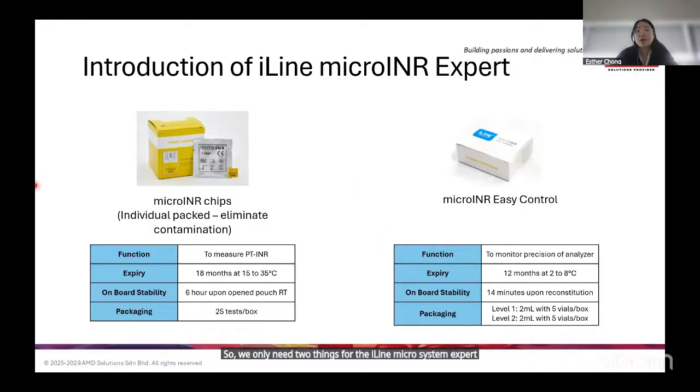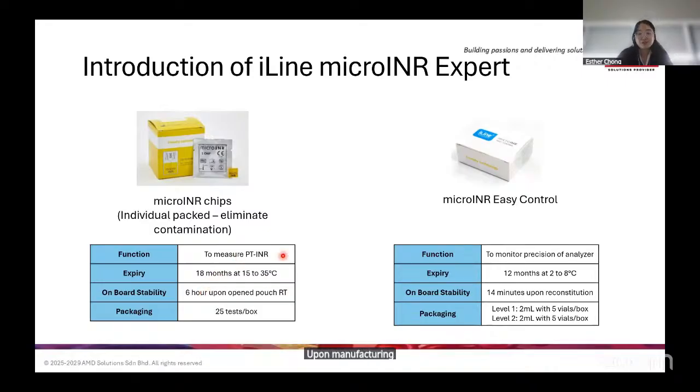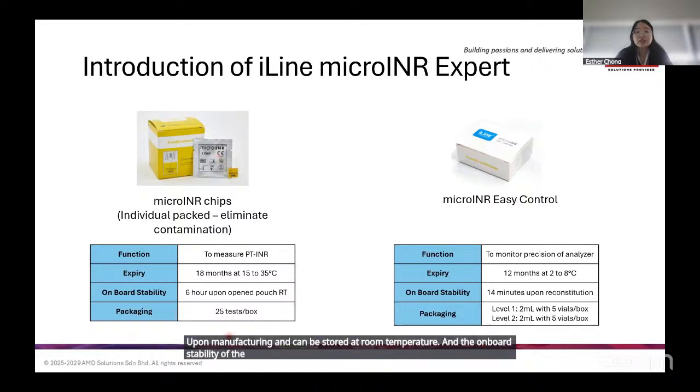So we only need two things for the iLine micro-INR system expert. First is the micro-INR chip, which is used to measure the PT-INR with the iLine Expert. The expiry is 18 months from manufacturing and it can be stored at room temperature. The onboard stability of the chip is 6 hours upon opening the pouch.